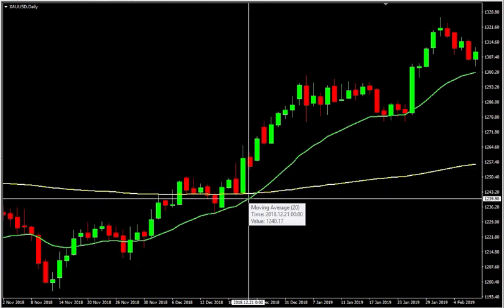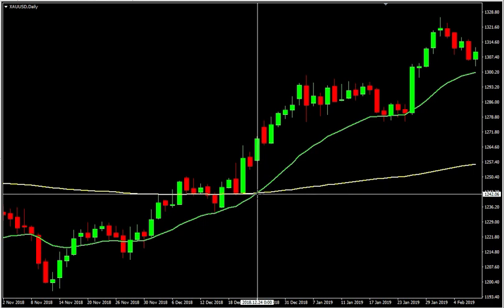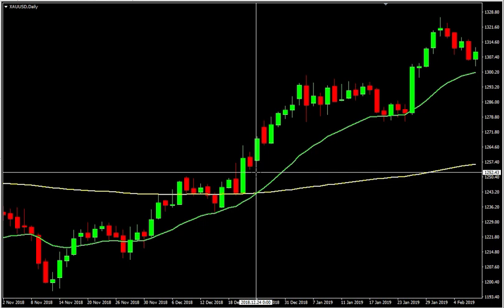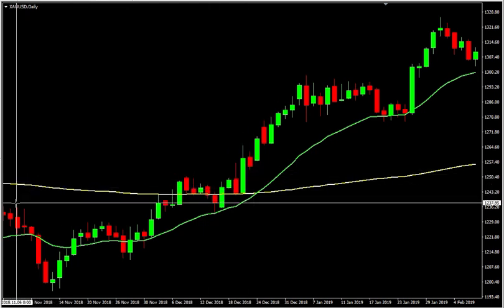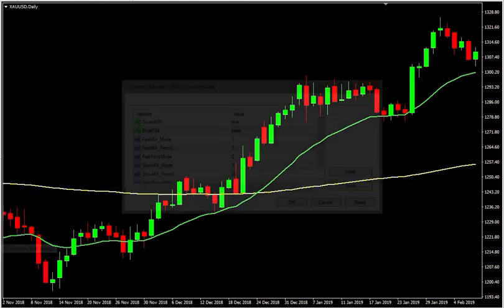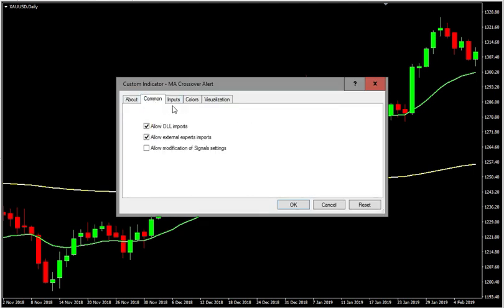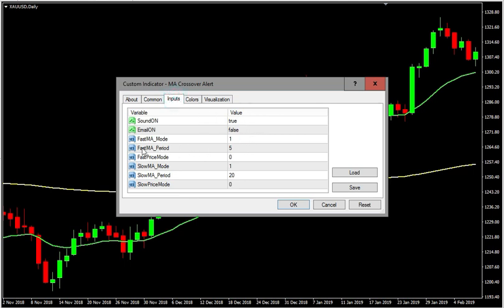Now we will put in an indicator which will give us an arrow telling us that the market trend has changed to up or to down. Now this is called the moving average crossover, and we change input here. Fast period we put in 20 because this moving average in green color is 20 period, and the yellow one is 200 period.